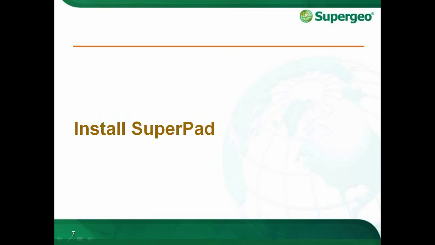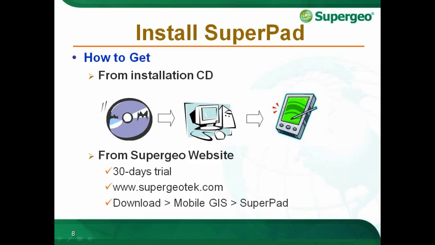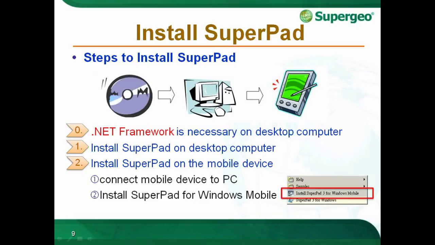Install SuperPad. There are two ways to get SuperPad. You can install from the installation CD or go to the SuperGIS website to download the 30-day trial executable file. And no matter whether you install from the CD or executable file, you must install SuperPad on your desktop PC first.